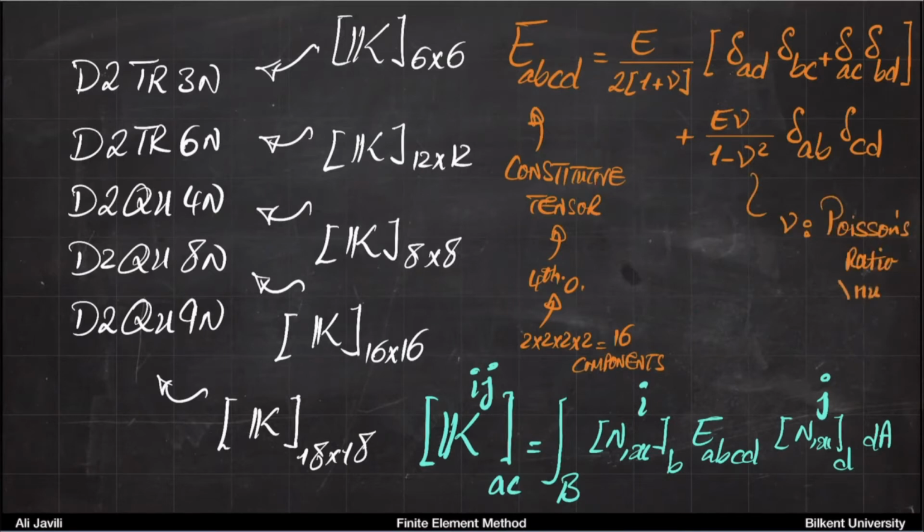It's mu, and then E is just the elastic modulus, or Young's modulus. All right. Now, delta is Kronecker delta. In this picture, also delta is Kronecker delta, and we introduced that before.